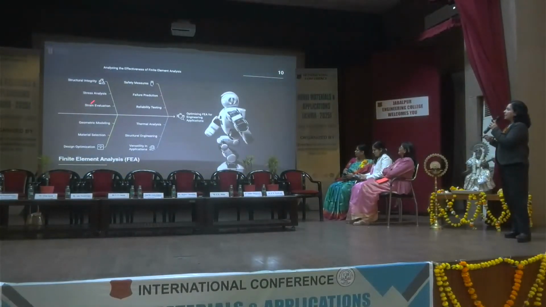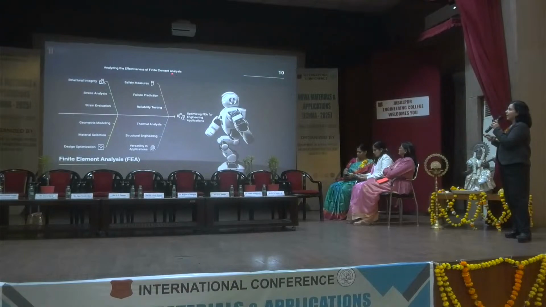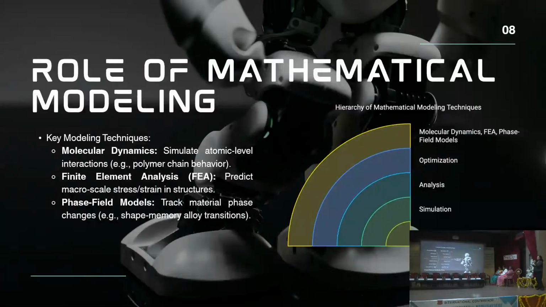Now, analyzing the effectiveness of finite element analysis. How effective is this finite element analysis? First of all, it deals with structural integrity, stress analysis, strain evaluation, geometric modeling, material selection, design optimization. Also, we can come to know about the safety measures which should be adopted during any kind of experimentation later on.